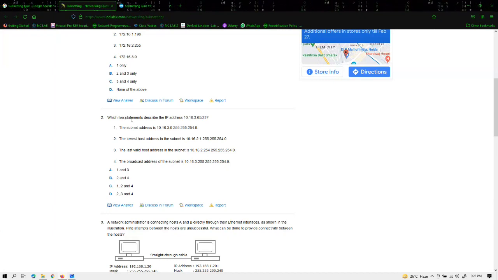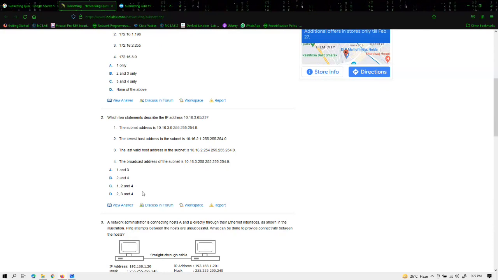It is asking which two statements are true, and here it is giving 3 options at the same time. Logically it should be 1 and 3. But I'm thinking, when it says the lowest host address, does it mean the first one?